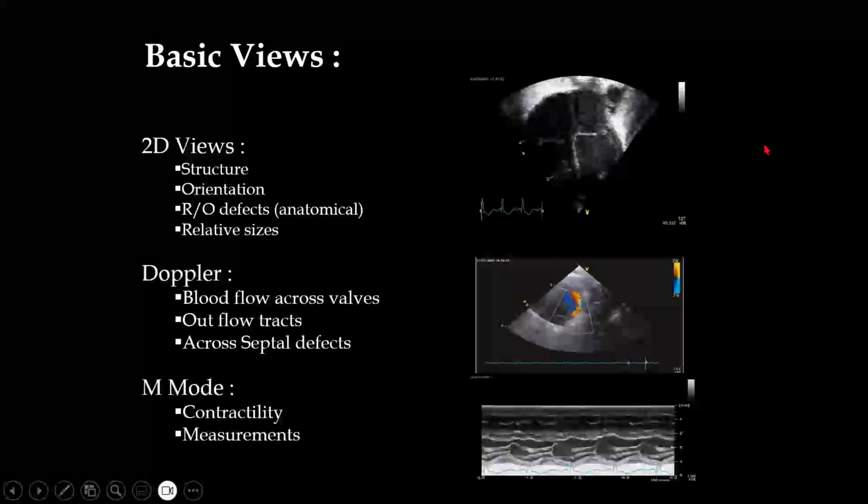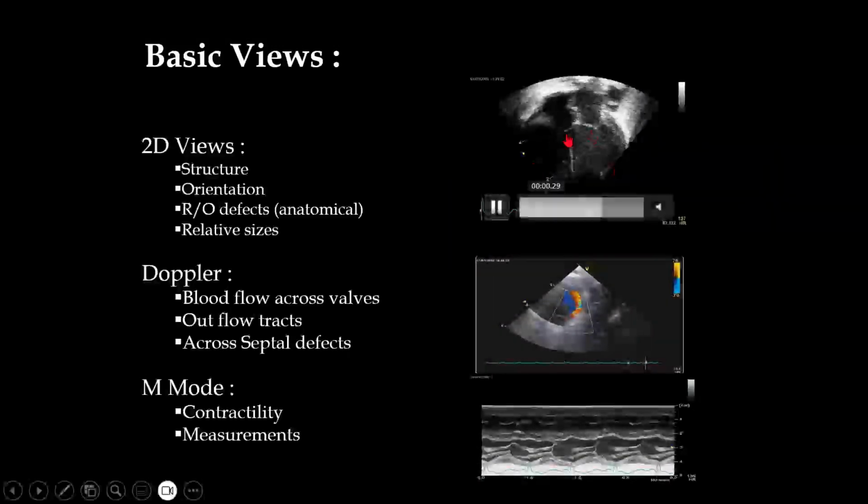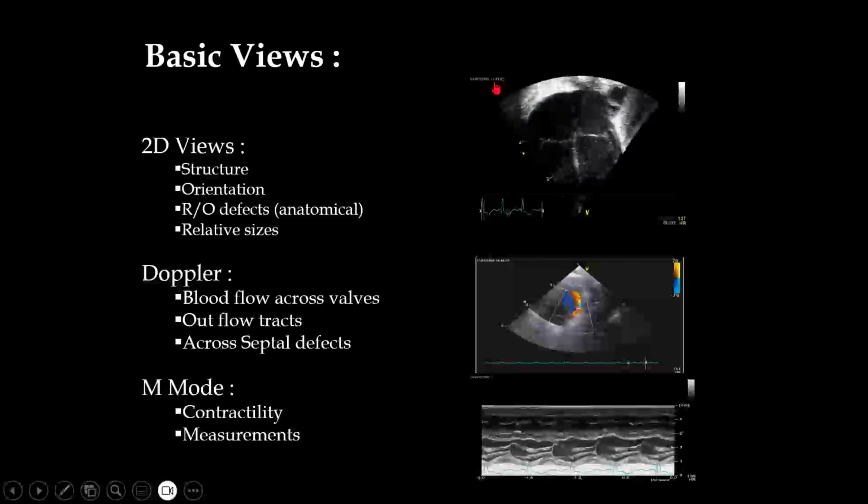Focus and all we have talked about. Whatever views we do, the first thing starts with the 2D view. So this is your B mode or 2D view. Anybody can tell which view this is? This is the 2D view. Which window and which view is this?